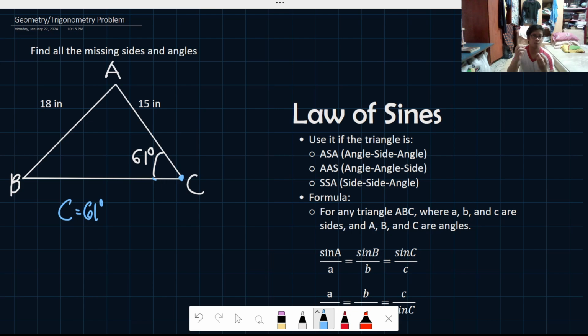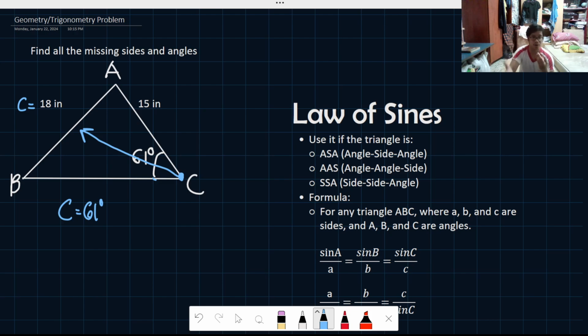Basically, the side it is facing. Here we have C as our vertex, and as you can see, it faces this side. The side where it faces is the opposite side of C. So this opposite side will be your small c.